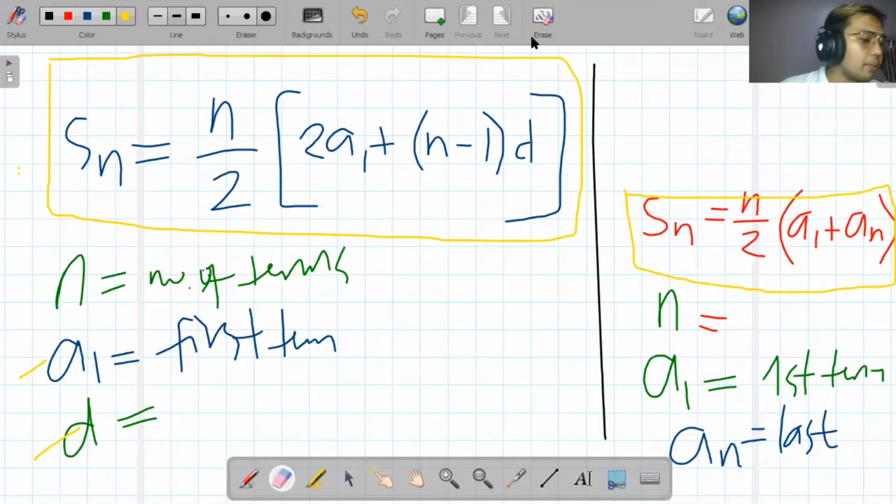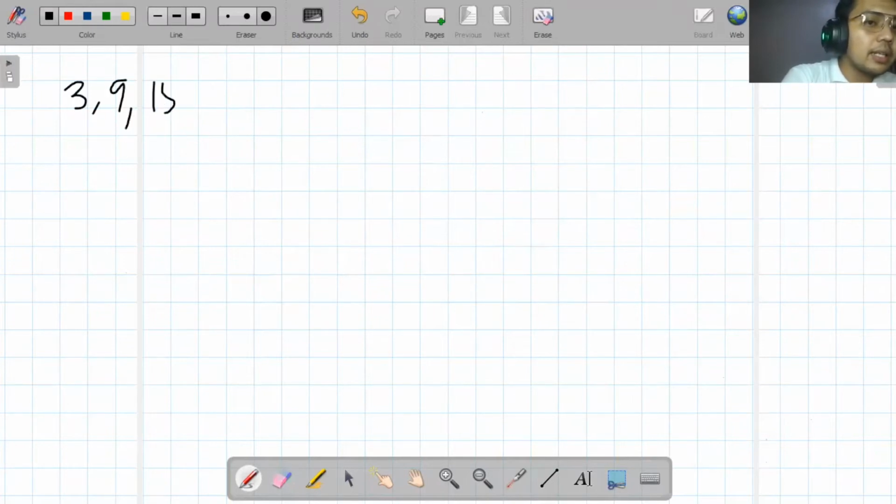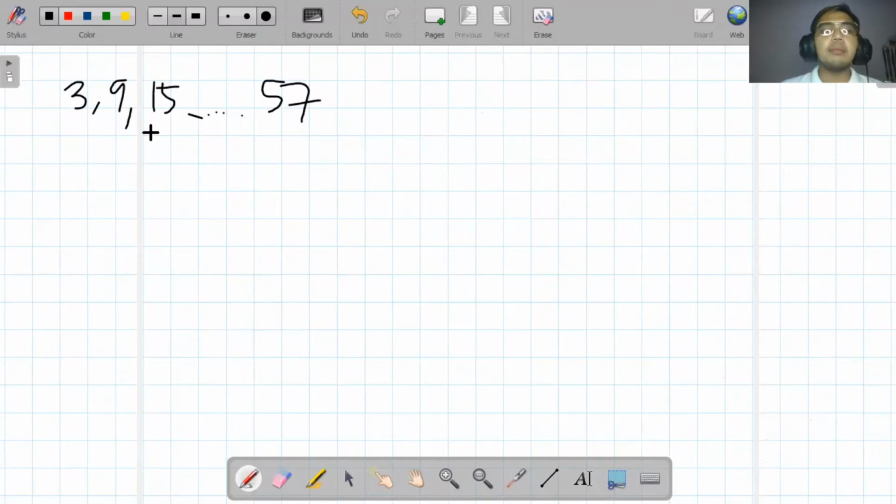Okay? Example. Find the sum of the arithmetic sequence, and this is the example in page 8: 3, 9, 15, and so on, and you're given the last term, which is 57. So evaluate the given. Naa tay a sub 1, naa tay common difference, naa tay last term.